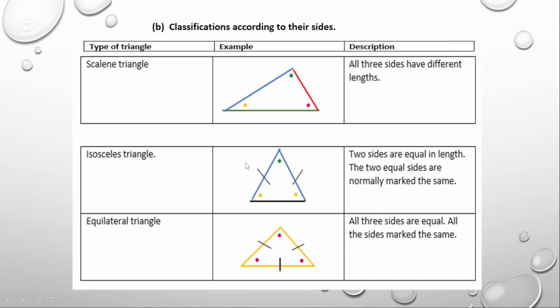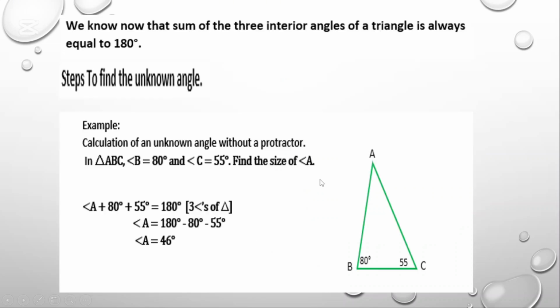Isosceles triangle, two sides have the same length, right? And we normally mark the two with the same length with the same marks. Then the third one, all three sides are equal. We mark them all the same, right?